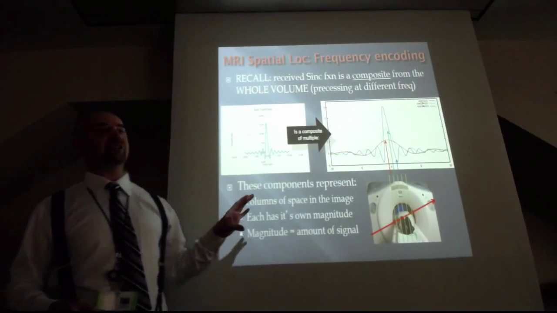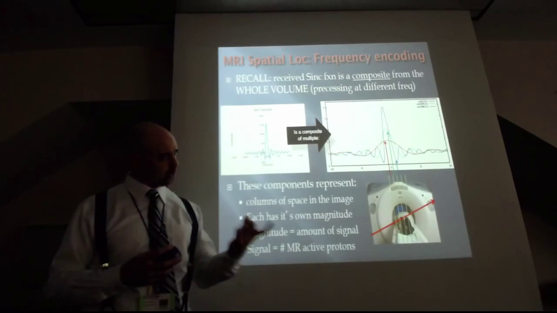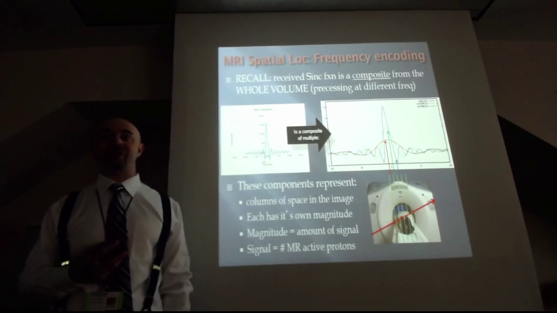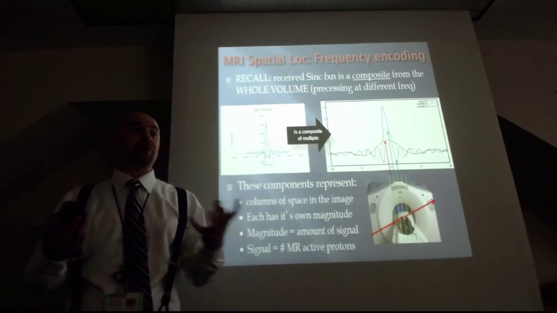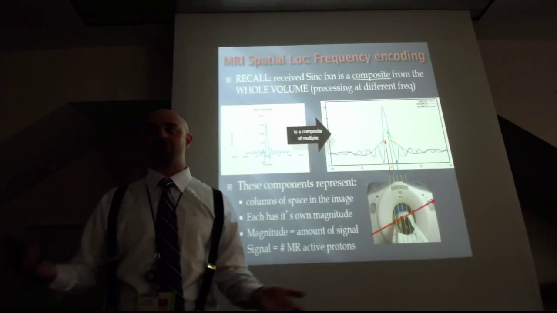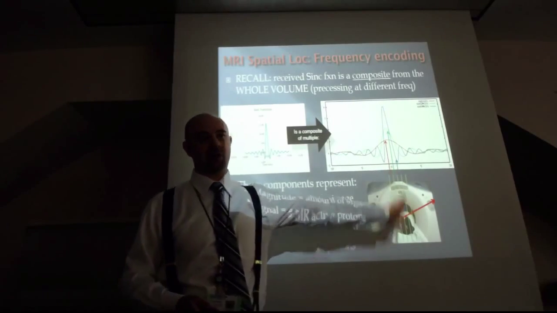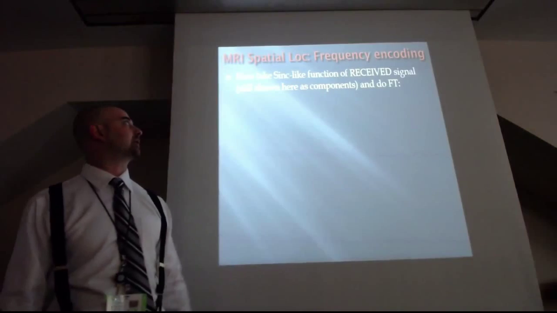Now, each one of these fundamental frequencies is going to have its own magnitude or weight, which is determinable by the Fourier transform, and that magnitude is the amount of signal coming from that column of protons. The amount of signal coming from that column of protons is determined by the number of oscillating protons in that column. So you're starting to see how we're able to figure out which protons are in which column and how many there are in each column.